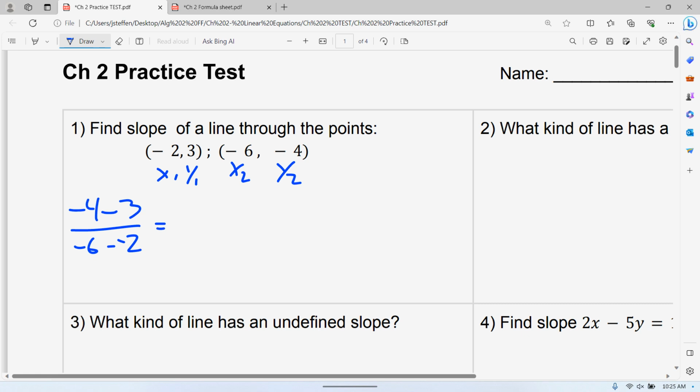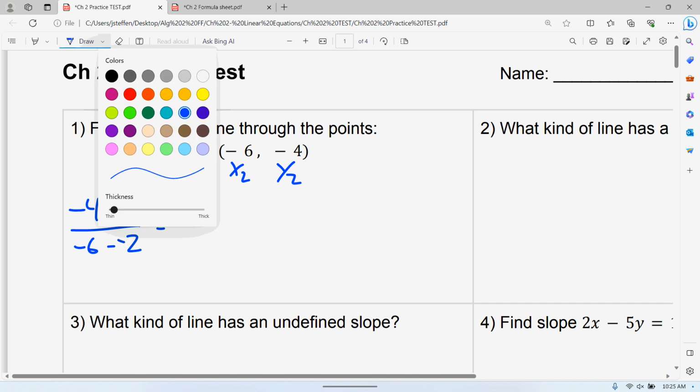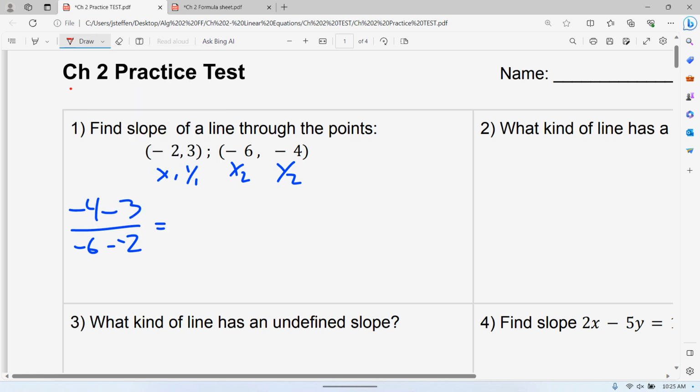Firstly, I would use the calculator, so I would just type in -4 minus 3 and -6 minus -2. That's how I would do it. So this is over -6 plus 2 is -4. Negative over negative, make sure you turn that into a positive 7 over 4. That's going to help you guys out.